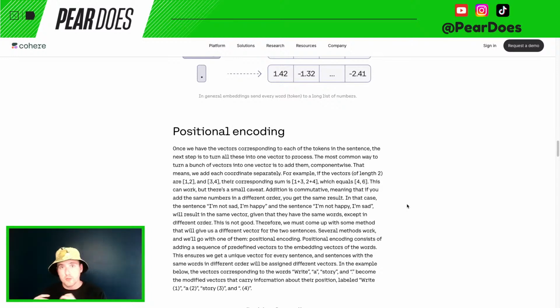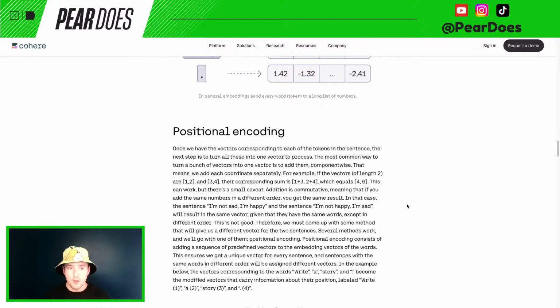For example, if the vectors are of length 2, so a vector with two numbers, 1 and 2, then we're going to add those together to get 3. Or if they have 3 and 4, you're going to add 3 and 4, which is 7. But if the vectors of length 2 are (1, 2) and (3, 4), we're going to add 1 to 3, 2 to 4. You get the idea, and we get (4, 6).